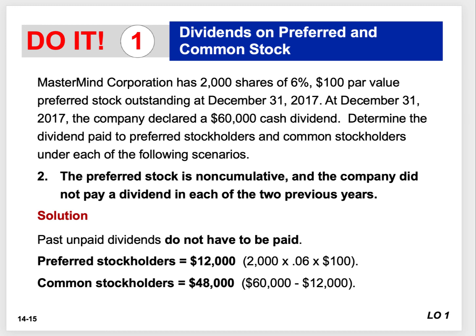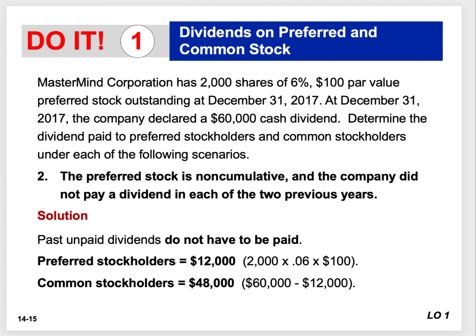Now we're going to look at the same exact thing. Let's say that in this case, the preferred stock is non-cumulative. The company did not pay a dividend in each of the 2 previous years. Here's the key: it's non-cumulative, right? Those past unpaid dividends, we don't care about.